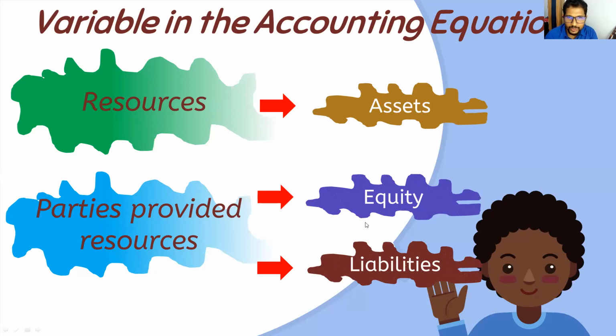Parties who provide the resources are concluded as equity and liabilities. Regarding these parties, write it like this. The resources are provided to the business by two different parties. First party is owners.